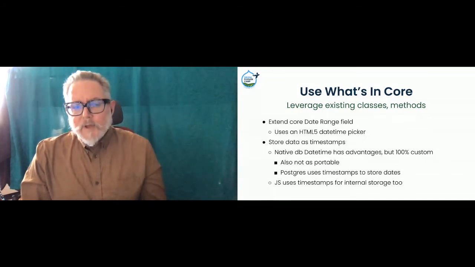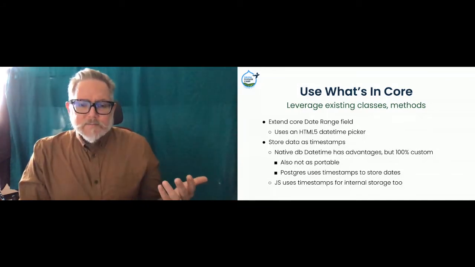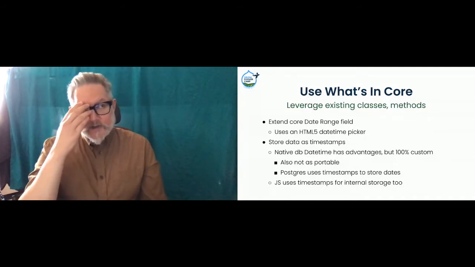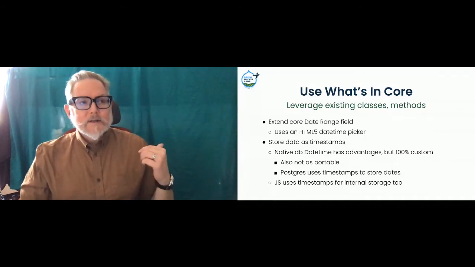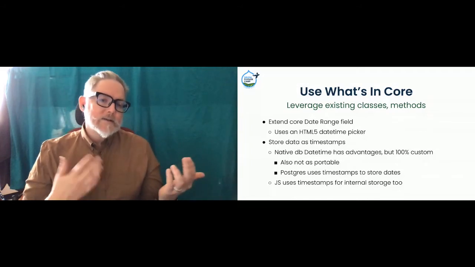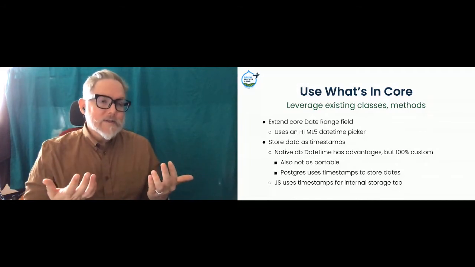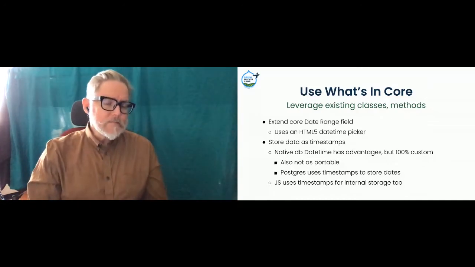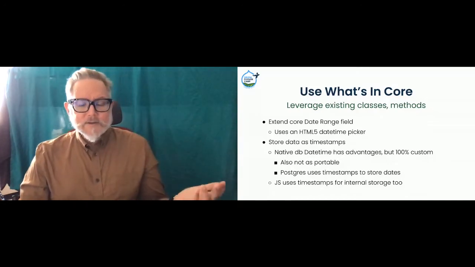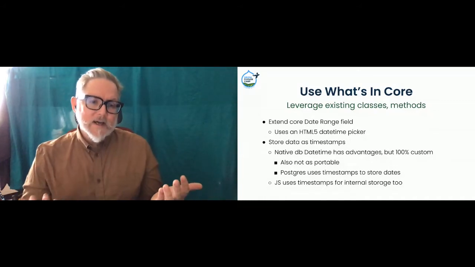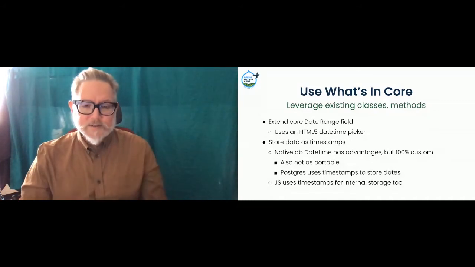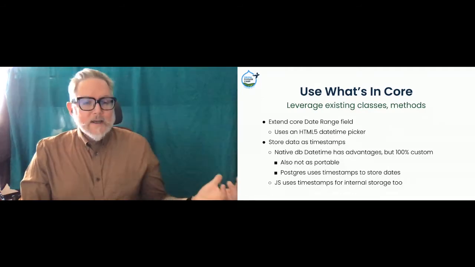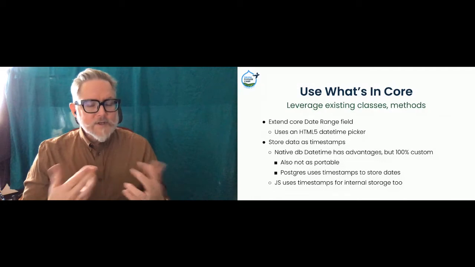And Drupal core already stores a number of values as timestamps. So when you think about nodes, the date a node was created or the last date that a node was updated, those are both stored as timestamps. And the same thing with users, in terms of the date a user was registered on the site versus the last time a user logged in, again, stored as timestamps. So lots of existing storage classes and also methods to convert to and from timestamps.